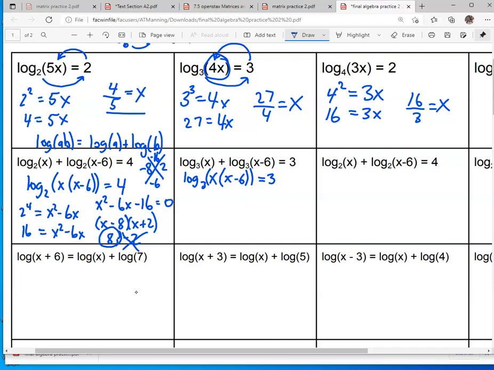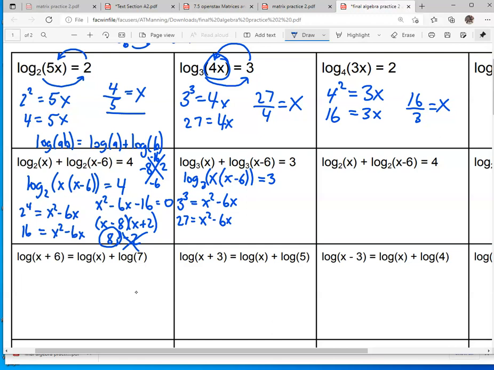And now we apply the definition of logarithms. 3 cubed equals, and let's go ahead and multiply it out, x squared minus 6x. Or 27, 3 times 3 is 9, times another 3 is 27. 27 equals x squared minus 6x.